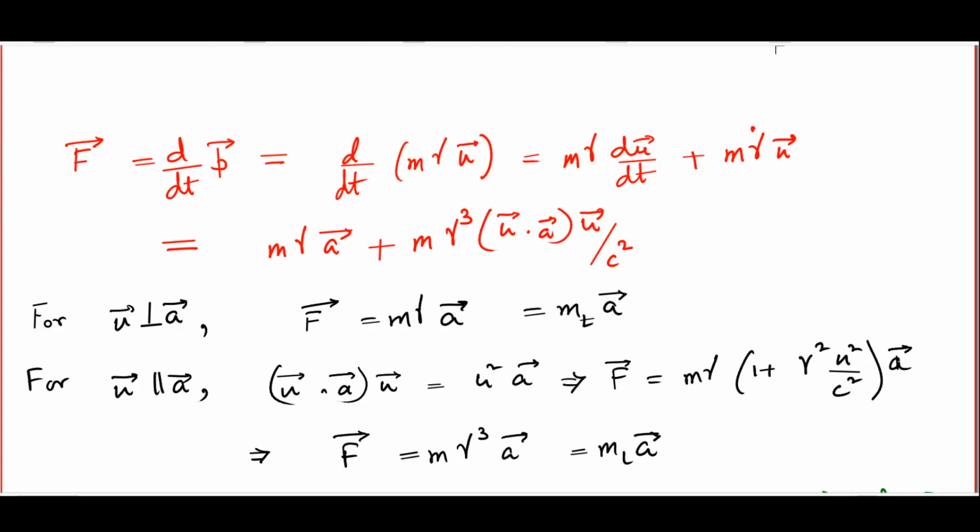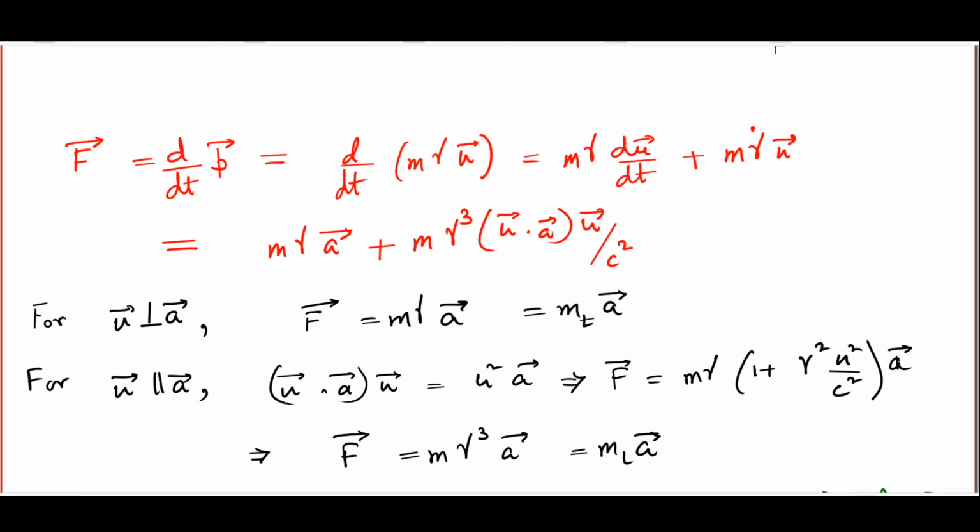So you would all agree that the relationship between force and acceleration is definitely more complicated in relativity compared to the corresponding relationship in pre-relativity physics. Now, despite that, in one situation this expression becomes rather simple. That is the case when u, the velocity, remember this is the 3-velocity we are talking about, is perpendicular to the acceleration.